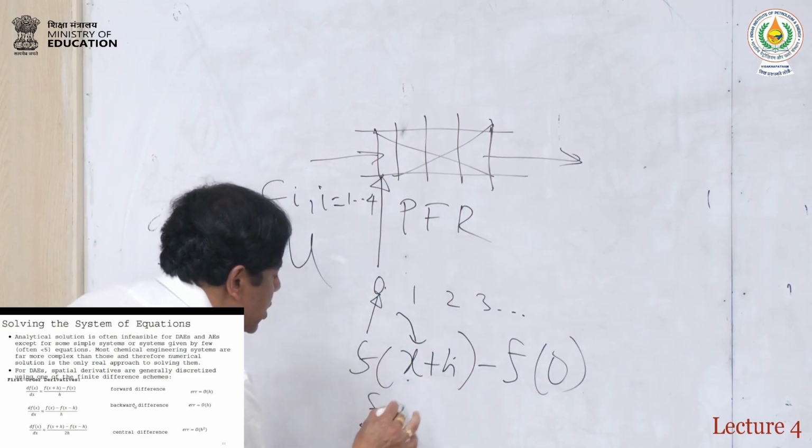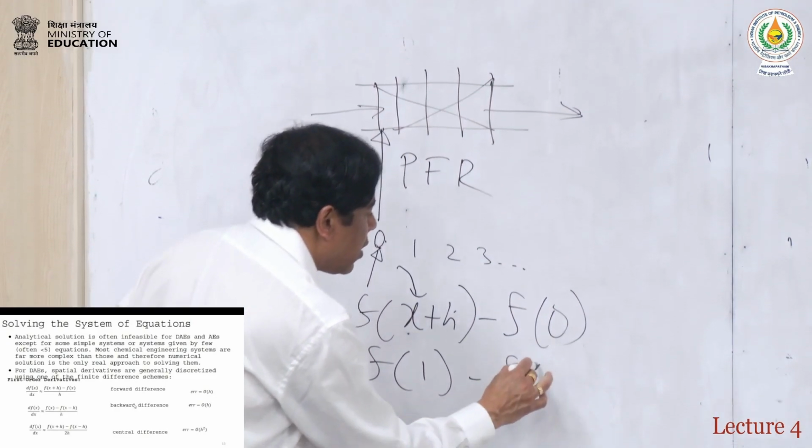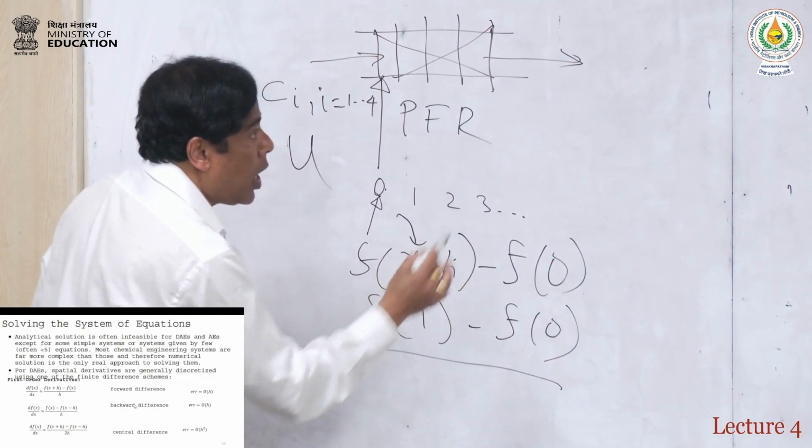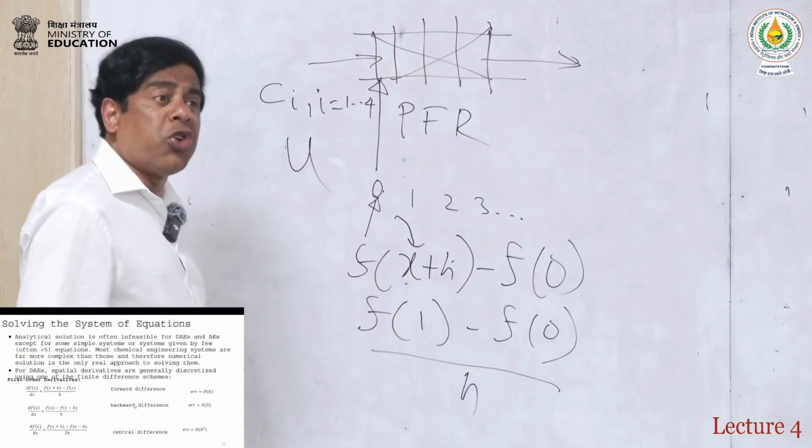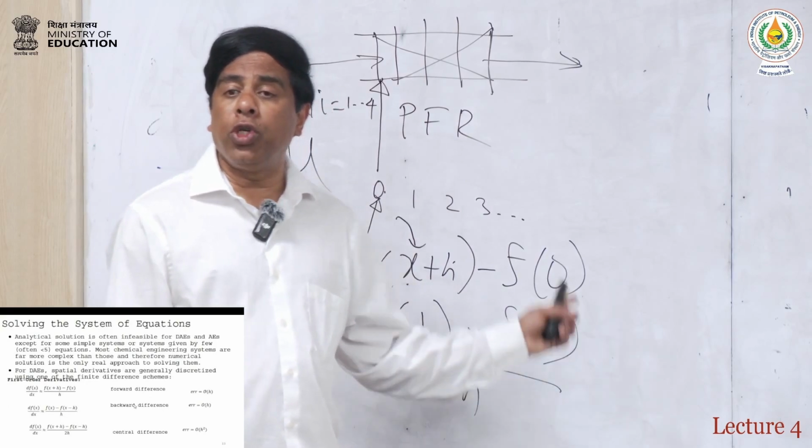That basically means f of the 1st location minus f of the 0th location, over h. So it works out fine. I have no issue here.